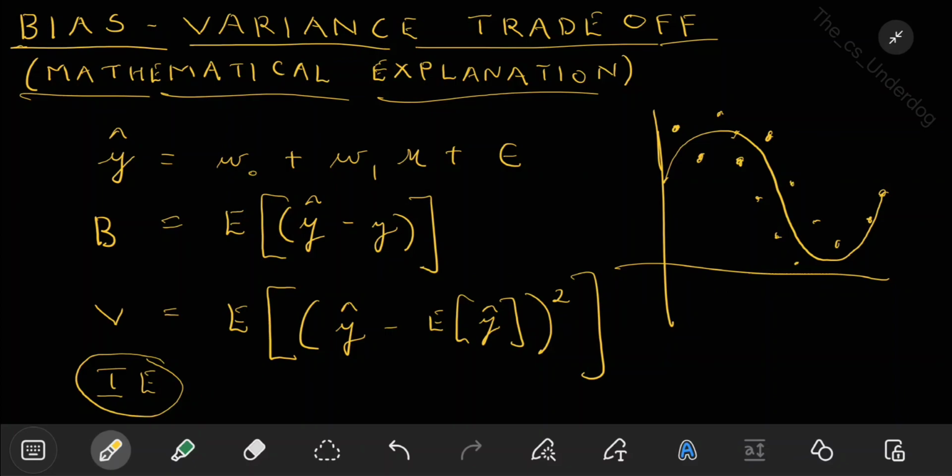What does this mean? This means from these data points that are provided, it is impossible to find out exactly this distribution, exactly this function, from the data points that we have sampled. That is just impossible because the data points are not exactly on that distribution.